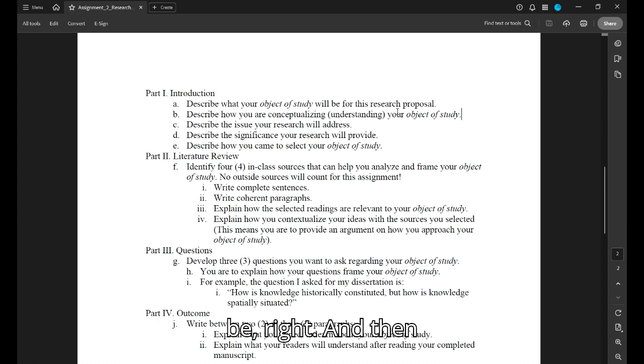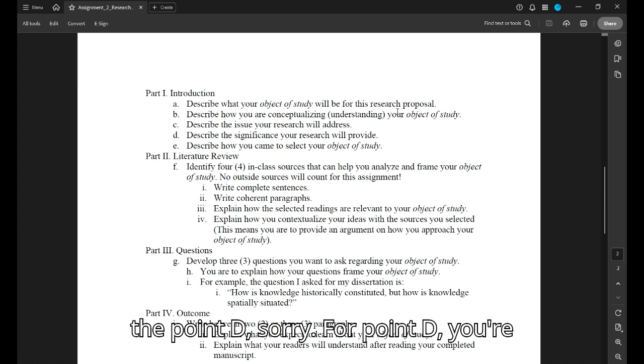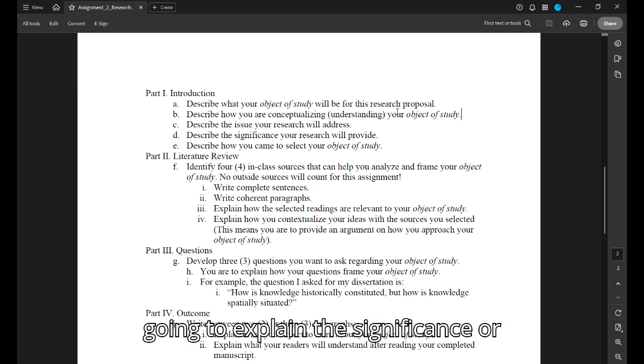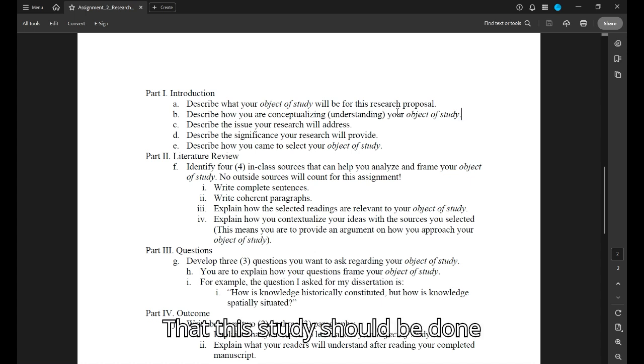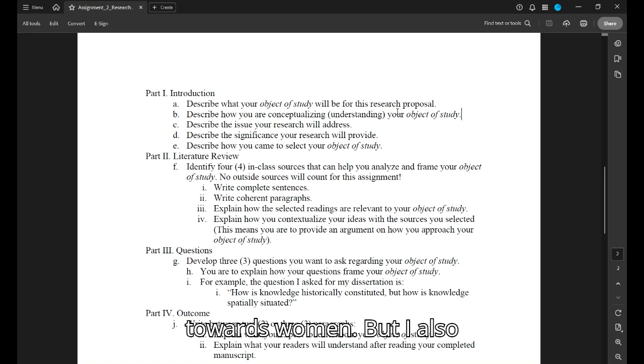And then for point D, you're going to explain the significance, or basically why it is important that this study should be done. You could say something like, the reason why this study is being conducted is because I want to address the issue of violence towards women, but I also want to show how important it is because of how it dehumanizes women.